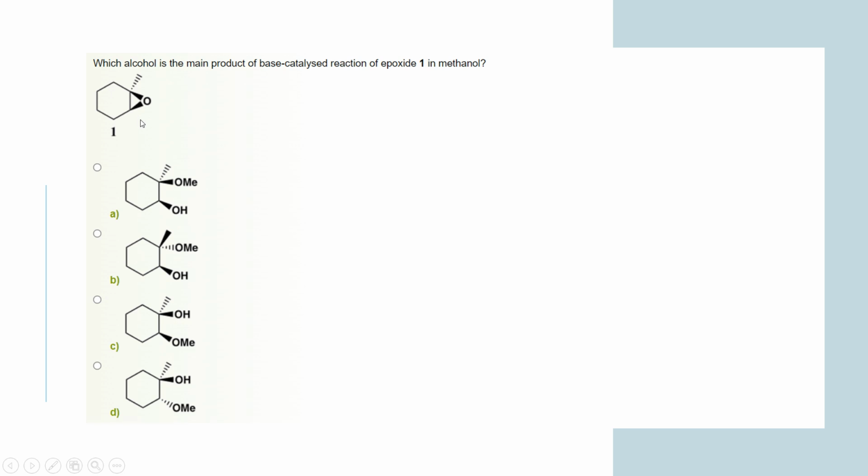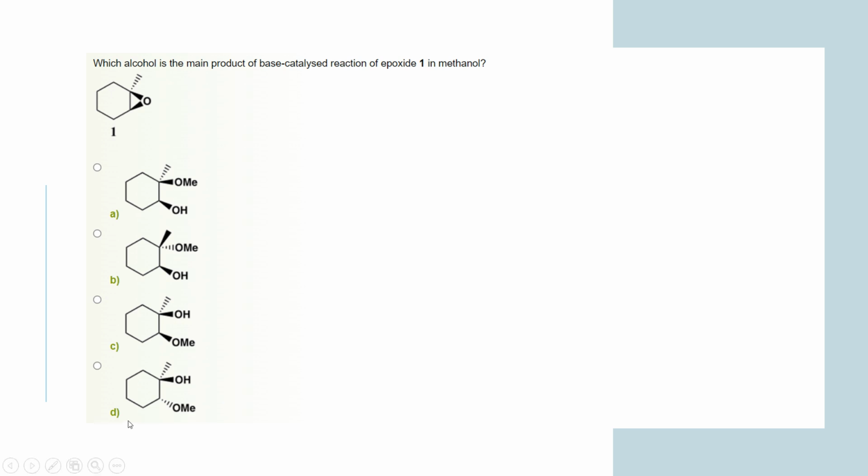So what will happen? Simply the methoxide will attack from this side, from below the screen of the laptop or phone, and the epoxide ring will get opened up, and O minus or OH will be pushed above the plane. If you look at the options given, you can see that option D here will be the correct answer.